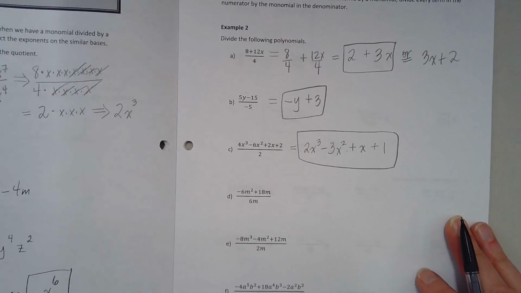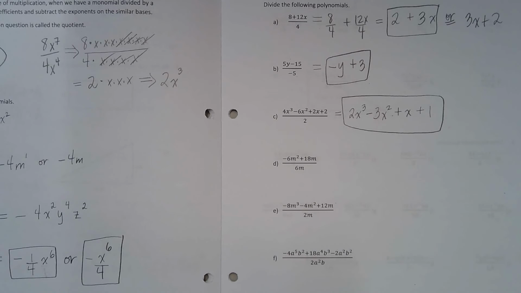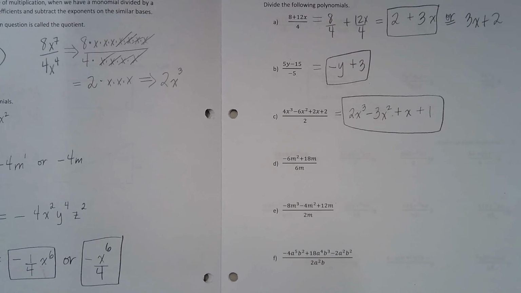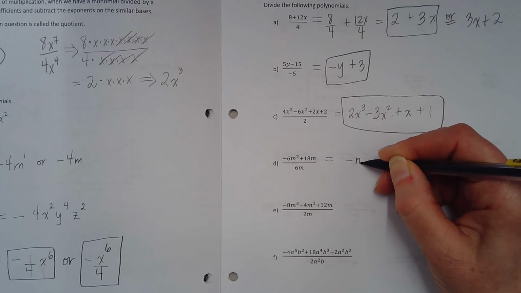Okay, you try the next one. Try D on your own. Okay, so D is negative m plus 3.